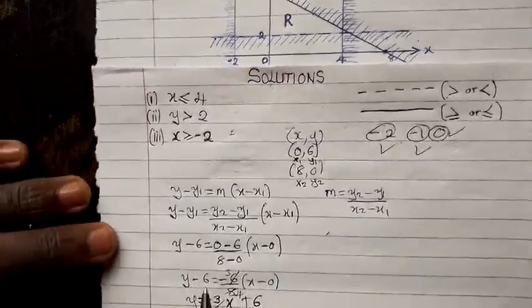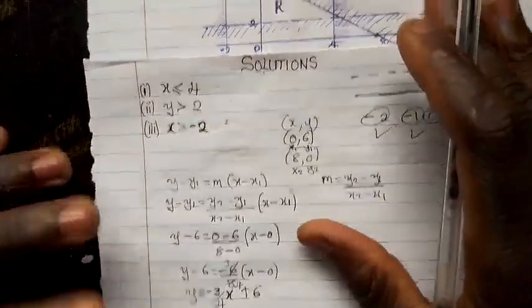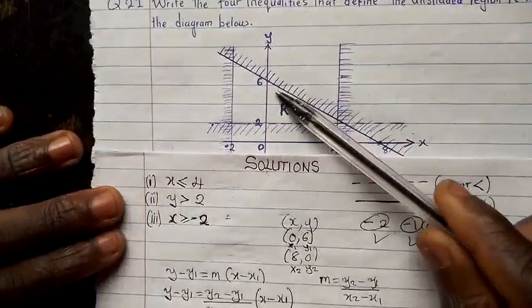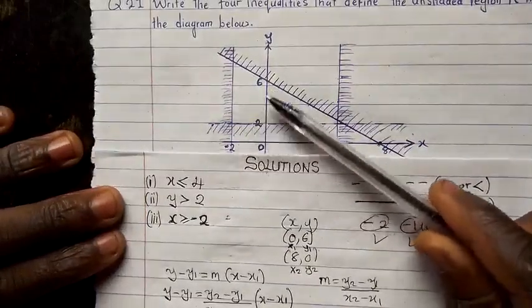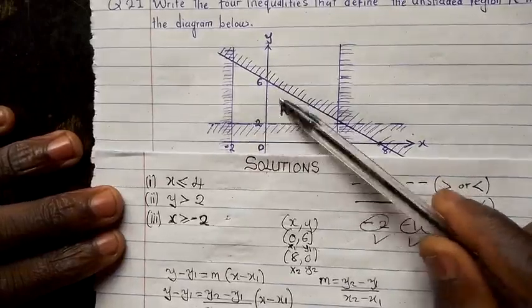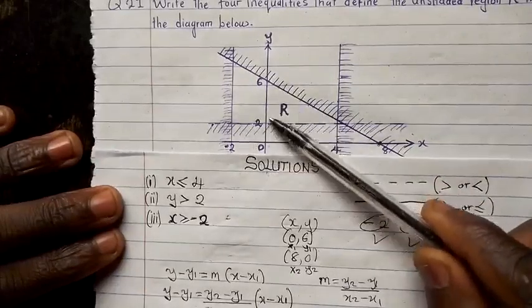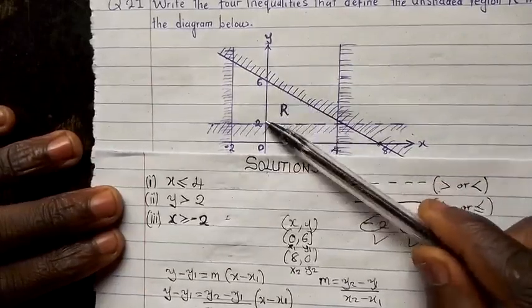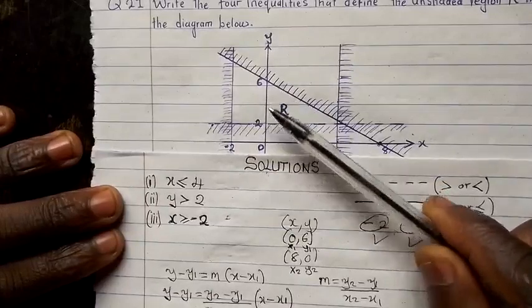It is y. So in this case here we are having y here. Now I'm going to ask you, is this part here which is not shaded, is it greater than or equal to 6 or less than or equal to 6? It is less than or equal to 6.